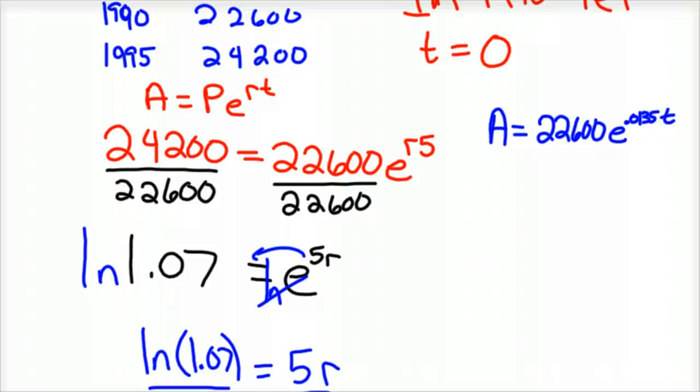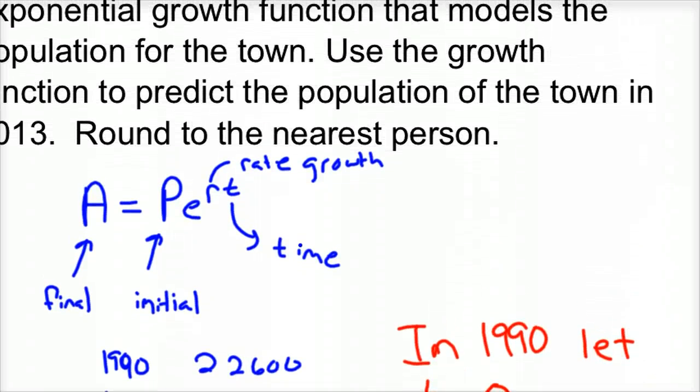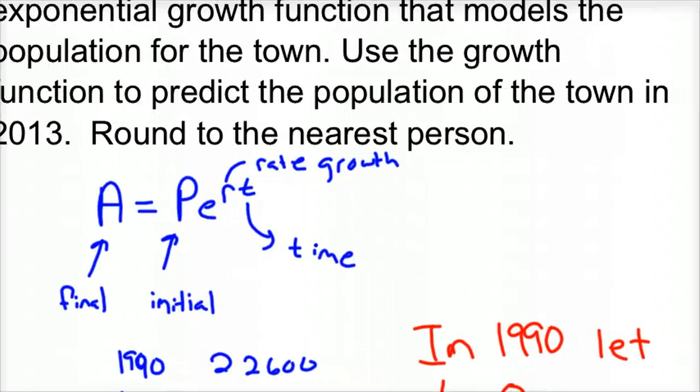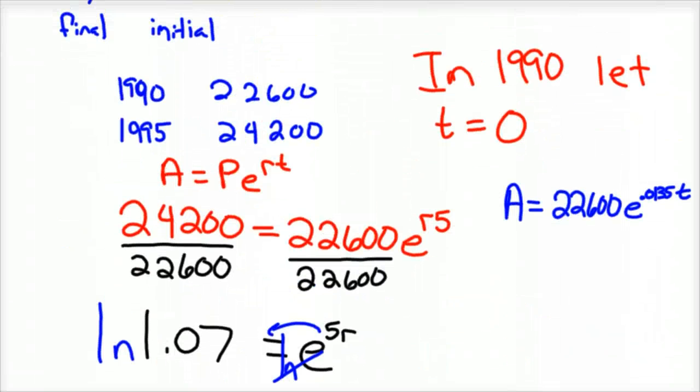And so now we're ready to figure out what the population is in 2013. It says predict the population of the town in 2013. Well, this is a little tricky because we let 1990 be 0, so we let time be 0. So 2013 to 1990 would be 13 from 2000 plus 10 more, or go ahead and subtract those two.